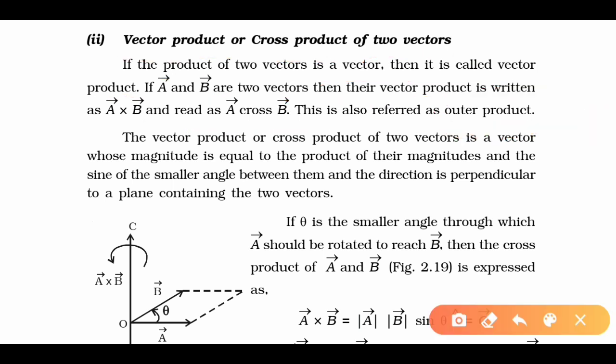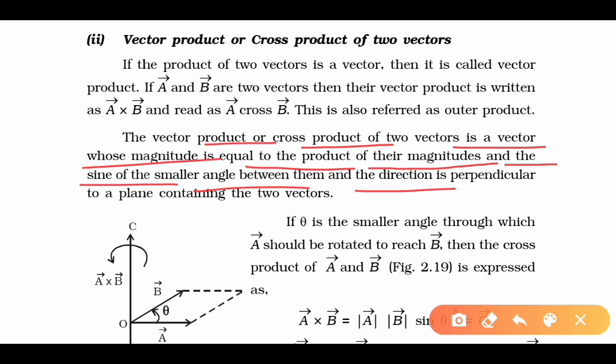Now the vector product or cross product of two vectors is a vector whose magnitude is equal to the product of their magnitudes and the sine of the small angle between them, and the direction is perpendicular to the plane containing the two vectors.